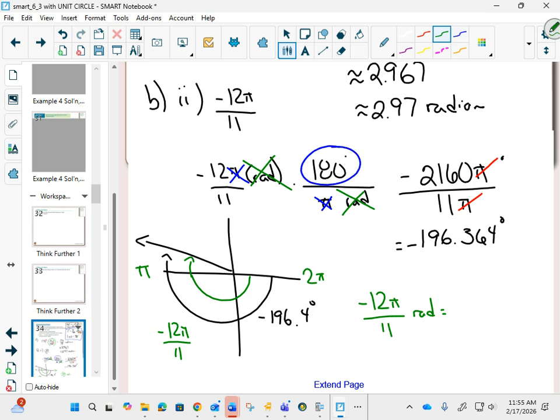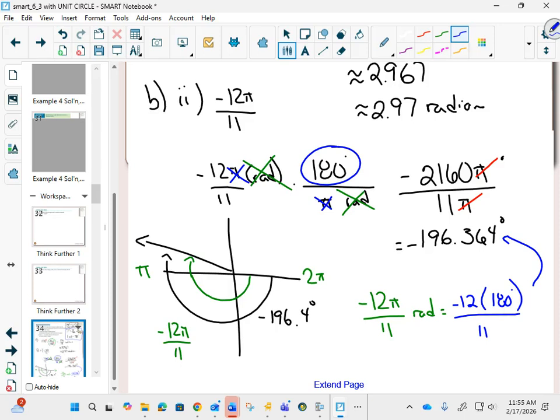So the shortcut says replace the pi with 180 degrees, because pi radians is equal to 180 degrees. That's a shortcut that you will use quite a bit. And if you did that, you will get this 196 once again.